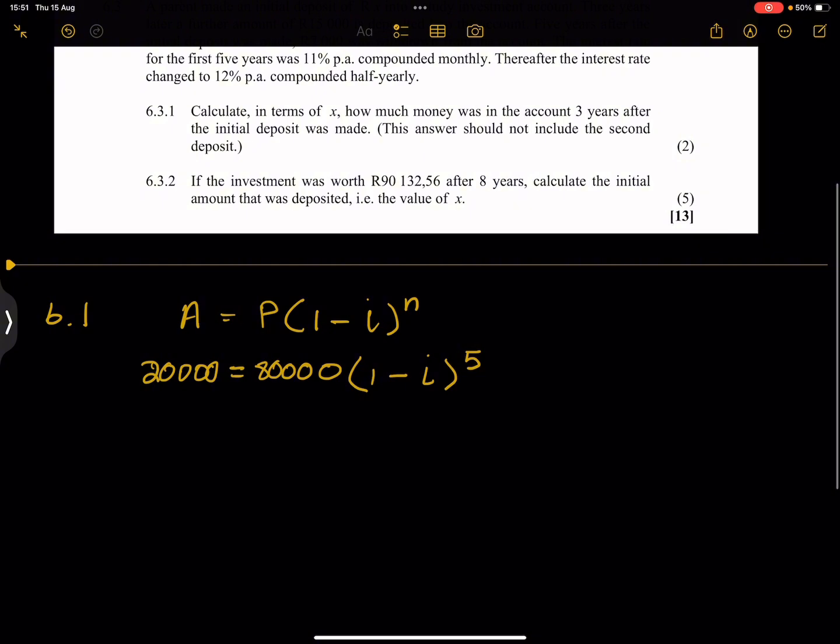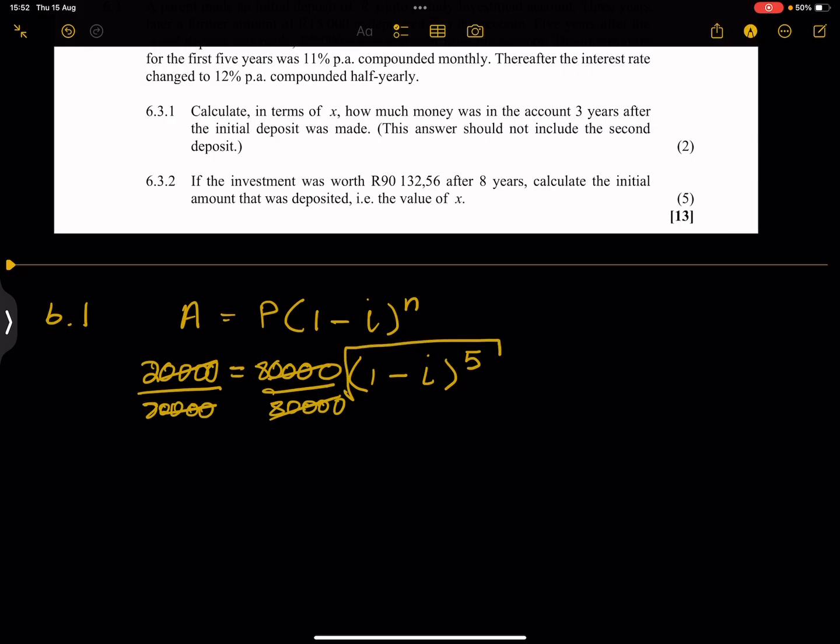Okay, so let's do that quickly. So divide by 80,000 on both sides. That cancels with that. So you've got 2 over 8, which is 1 over 4. But what are we going to do? We're going to take the 5th root of that.